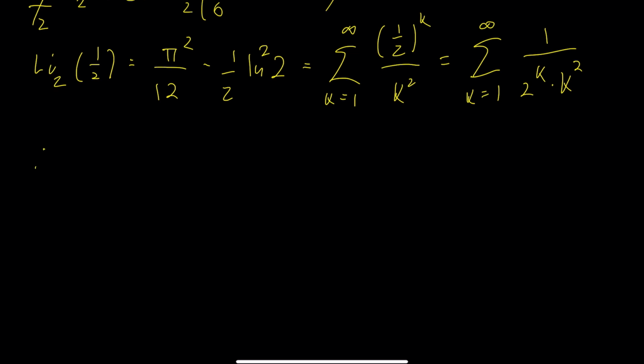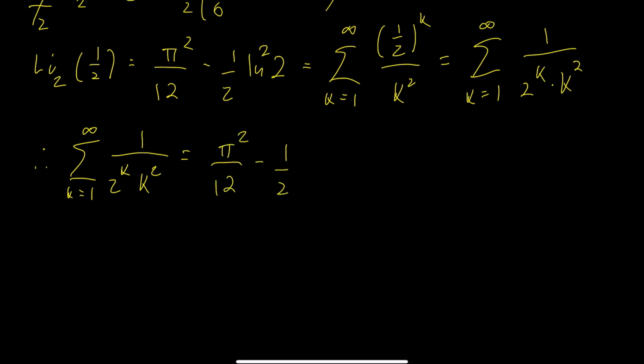So now we could say that therefore the sum from 1 to infinity 1 divided by 2 to the k times k squared is equal to pi squared over 12 minus 1/2 times the squared logarithm of 2. So that is the final result.